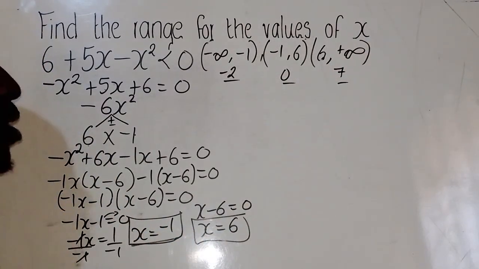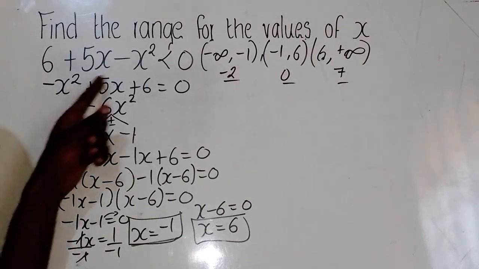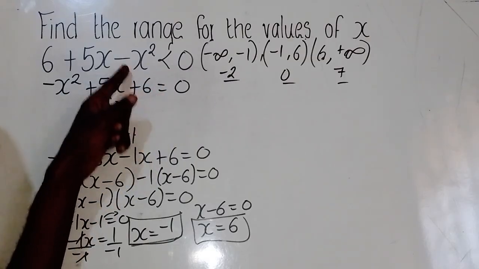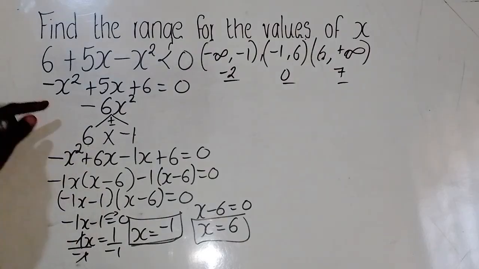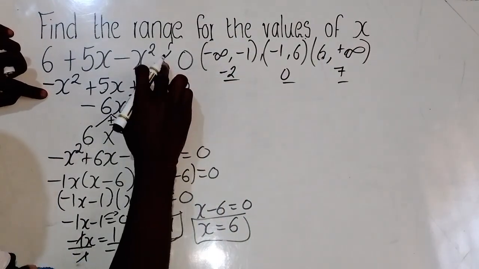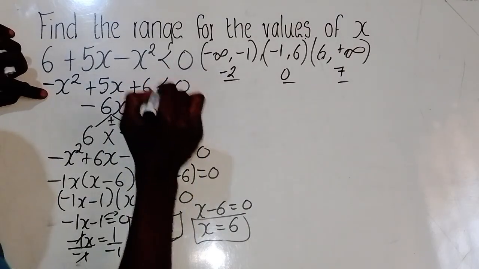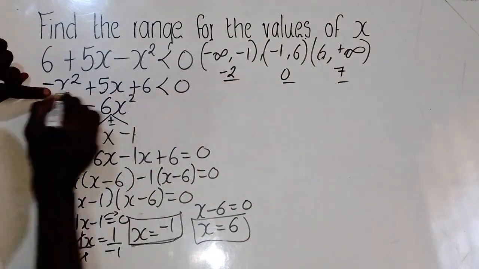Now these values which you have picked, we're supposed to put them into the equation, which is the same as this one. Let me put the sign so it doesn't confuse you, because we are testing.